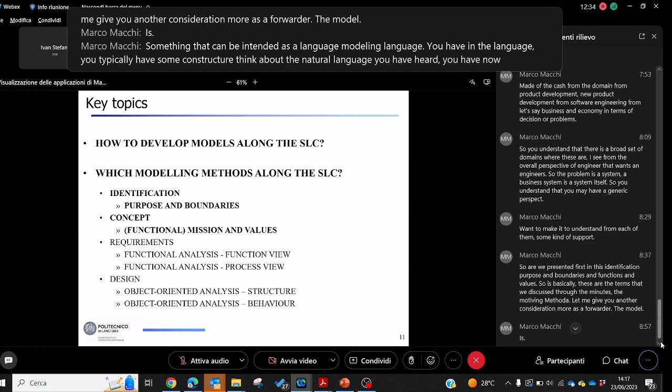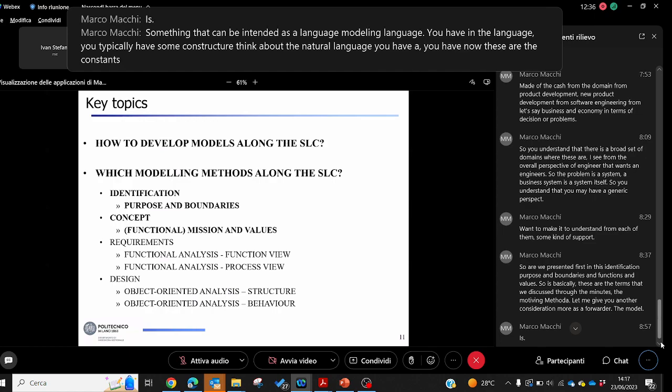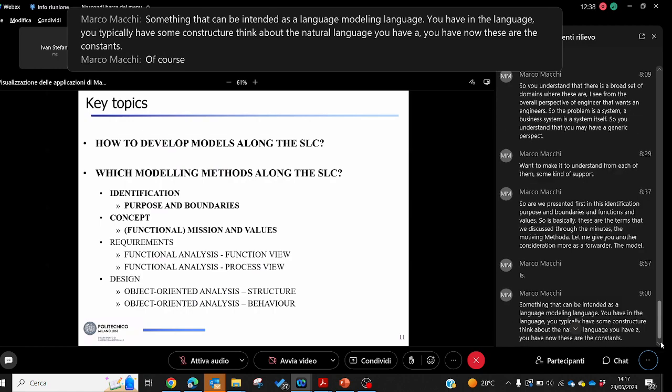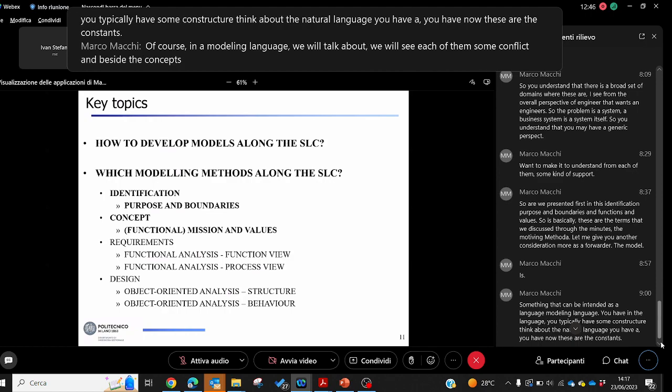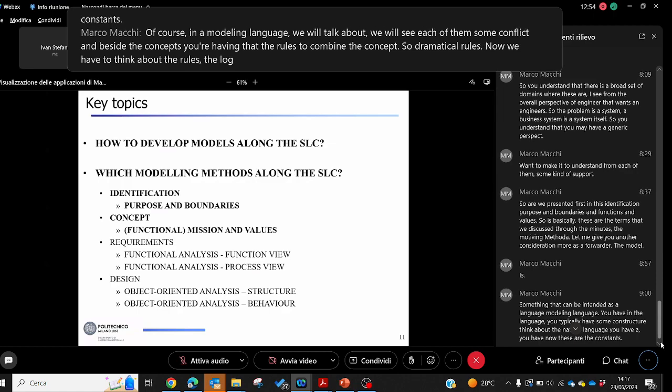So these are the constructs. Of course, in the modeling languages we will see, each of them has some constructs. And besides the constructs, you have the rules to combine them, so grammatical rules, logical rules to combine them. This is generally valid.